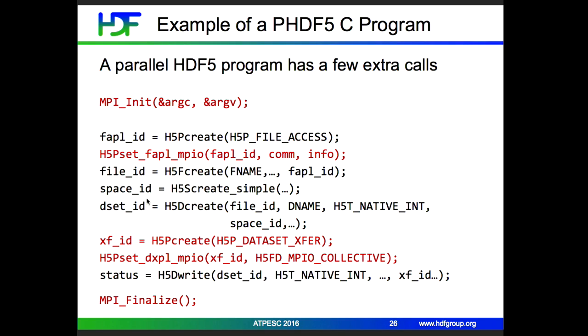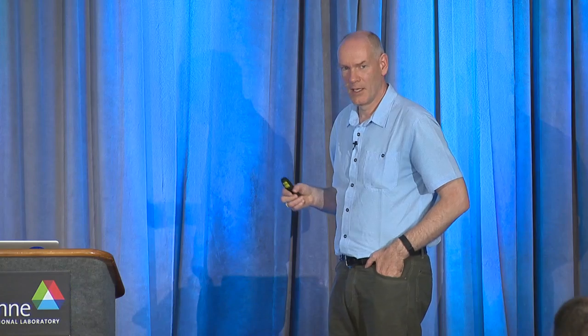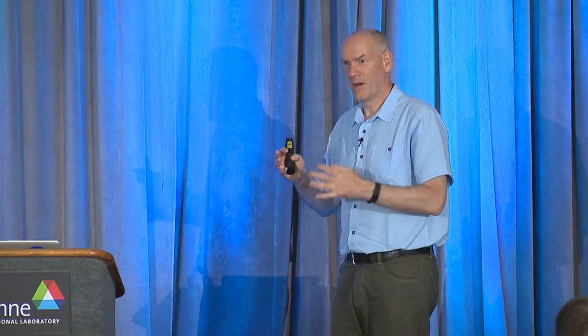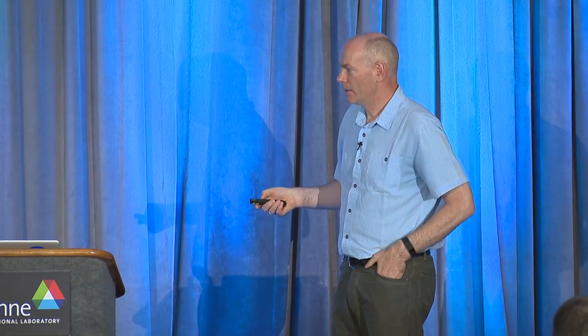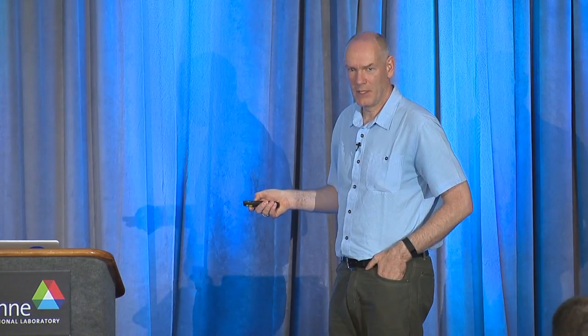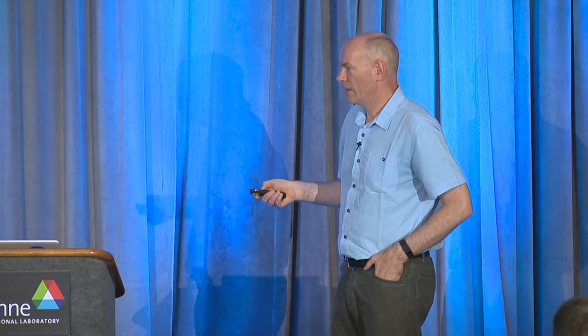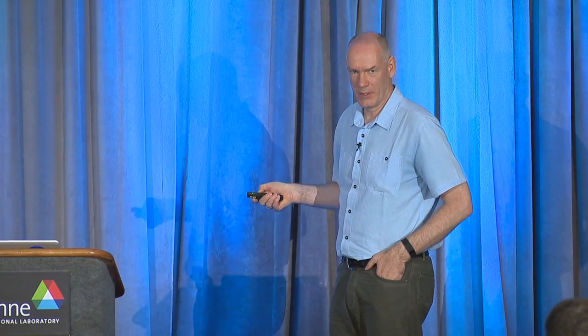In a way, to stave off this urge to introduce ever new API calls, you use what we call property lists. Instead of defining a new API, you just define a new property. That way, you can convey to this rather generic H5D write call, by the way, use collective for this, or tell it something else: do a transformation, as you write these data, rescale the data, or do something to the data.